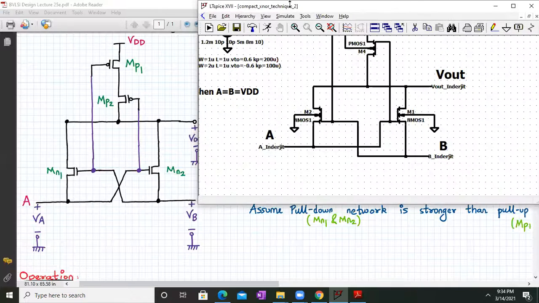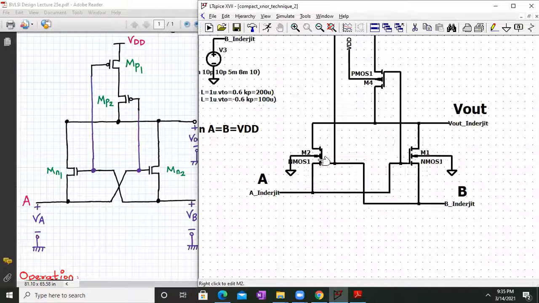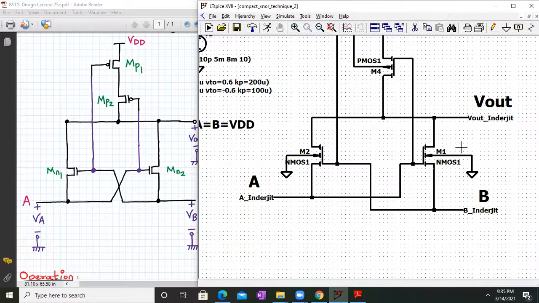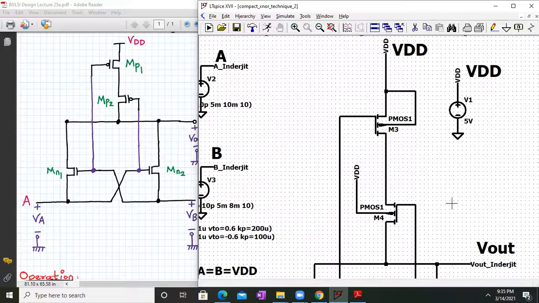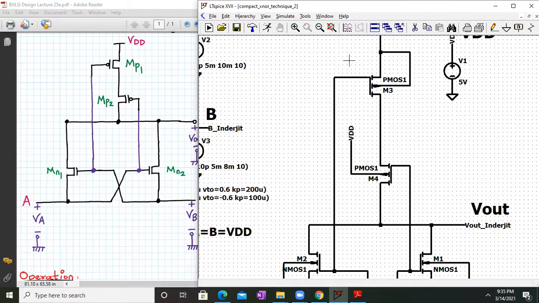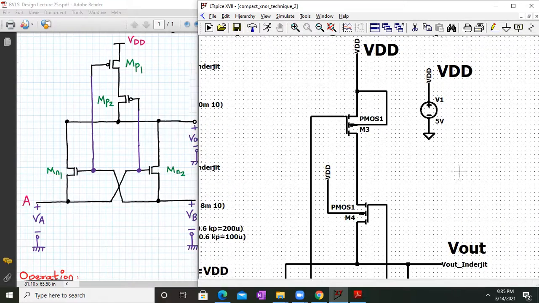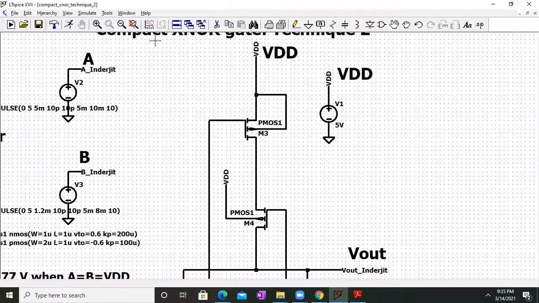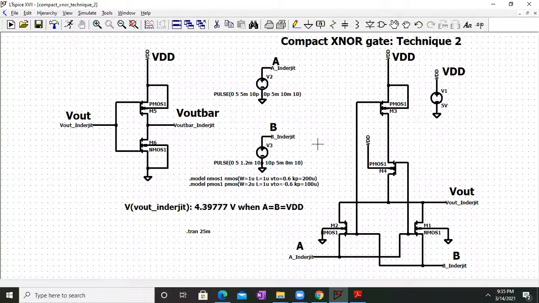If you see carefully, this is the same network. So we have 2 NMOS transistors cross-coupled connected to the output. We have VA voltage over here, VB over here. This is the V out, and as the pull-up network, we have 2 PMOS transistors connected in series in this fashion.